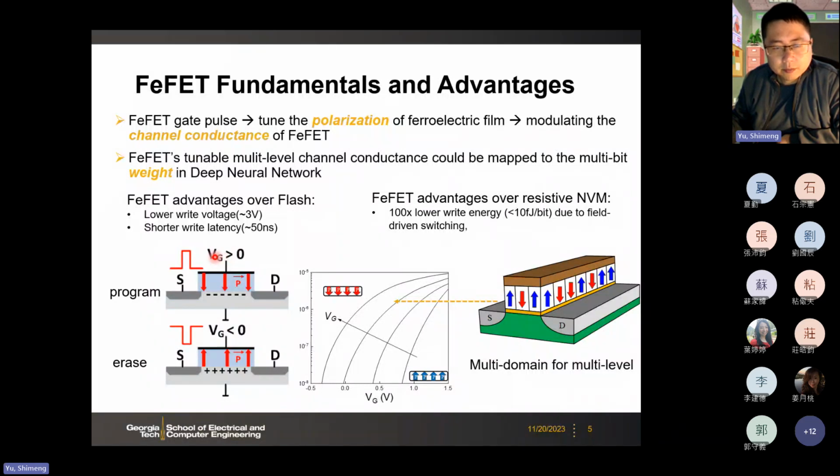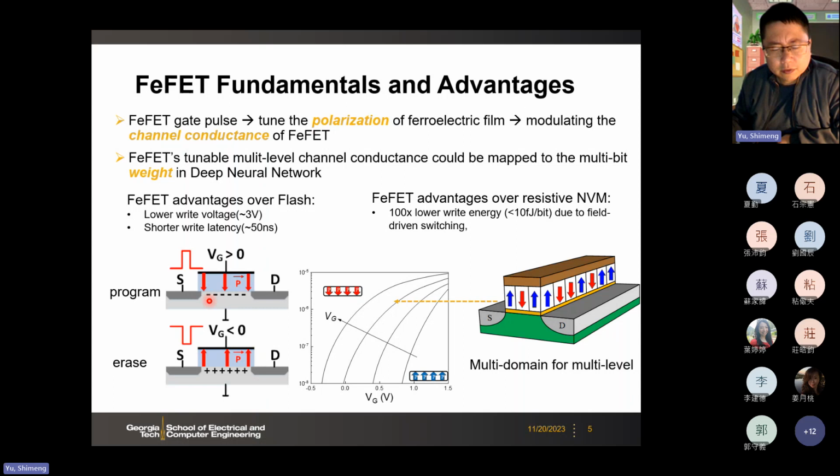With a large positive gate voltage, you push all the dipoles pointing down. So the positive charge will be at the surface of this ferro gate, which will induce electron inversion in the channel. Typically the FeFET is based on an NFET.